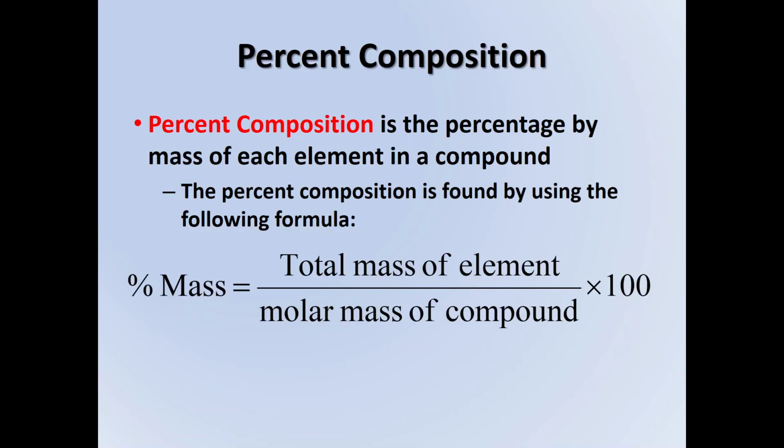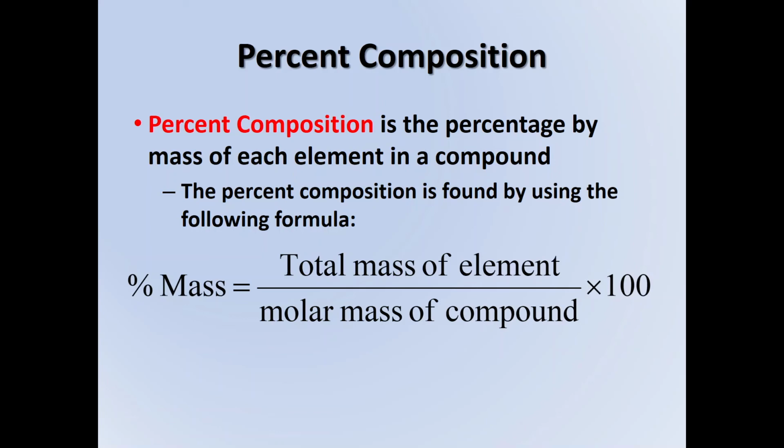So the percent composition is the percentage by mass for each element in that compound. The percent composition is found by using the following formula: the total mass of the element divided by the molar mass of the compound. I would say the total molar mass would have been a better use to write in this.